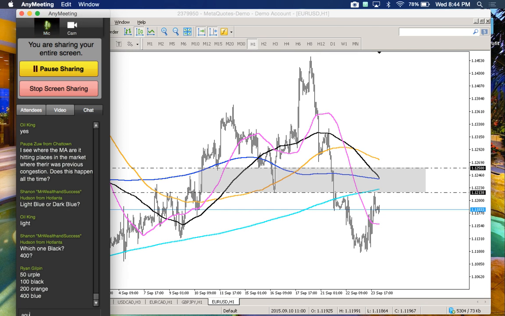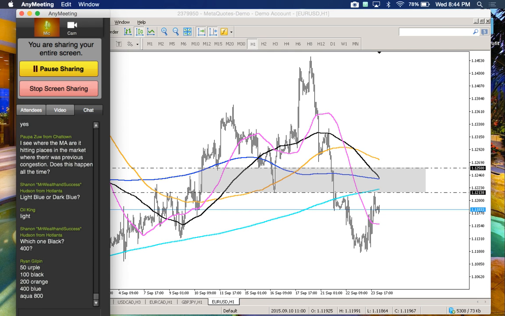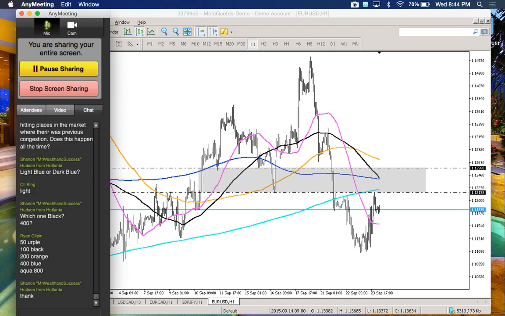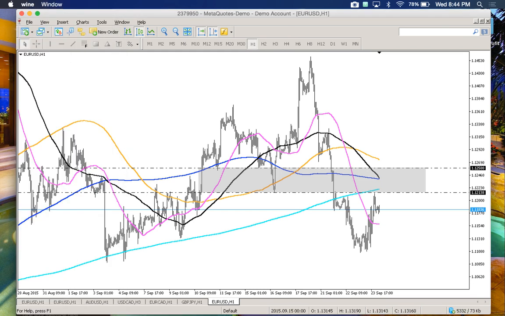Aqua, it's 800. I mean, you could pick your own colors, but if the 100 is above the 200, uptrend; if the 100 is underneath the 200, downtrend; if the 400 is above the 800, uptrend; if the 400 is underneath the 800, downtrend. You get the point. This is the same concept for any moving average. But let me get back to the supply and demand.